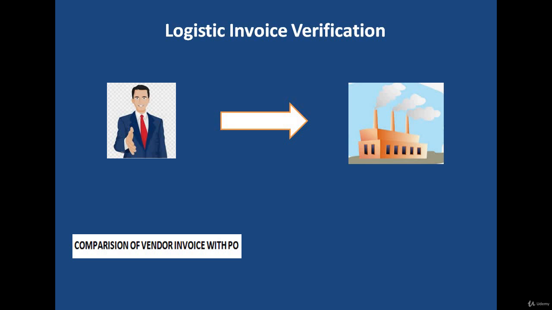So in this scenario, the purchase order reference is very important, which the vendor has to incorporate in his invoice at any cost. Without a purchase order reference, the company does not accept any vendor invoice.